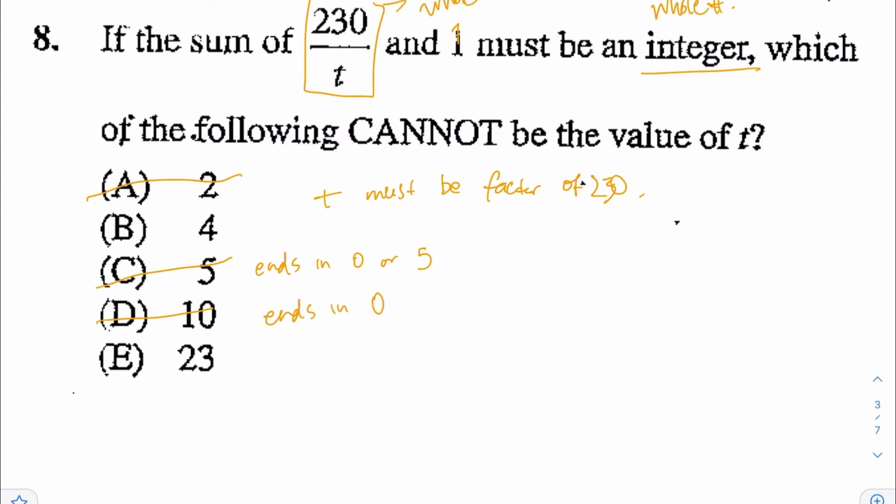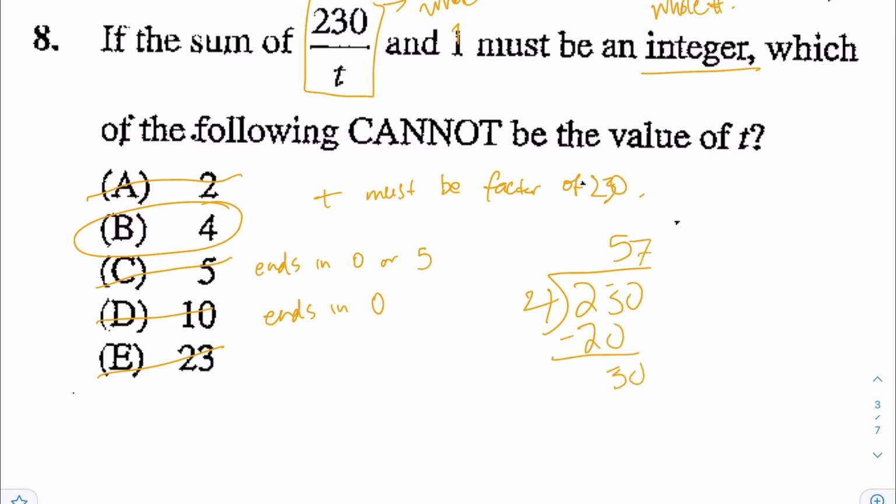And for 23, 230 is 23 times 10. So 23 is also a factor. The only one that doesn't work is choice B, 4. If you try to divide 230 by 4, you'll get some decimals. So 4 goes into 23 5 times. When we subtract, you have 3, bring down the 0 to get 30. 7 times 4 is 28. So you actually get a remainder of 2.